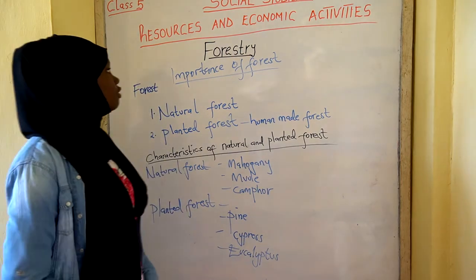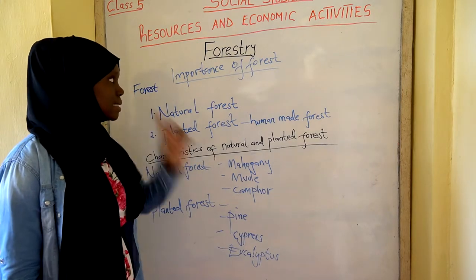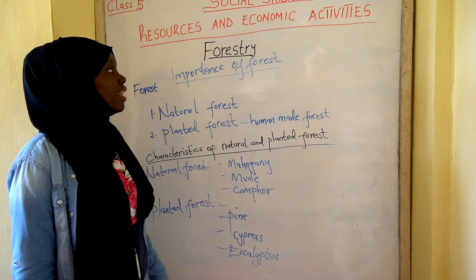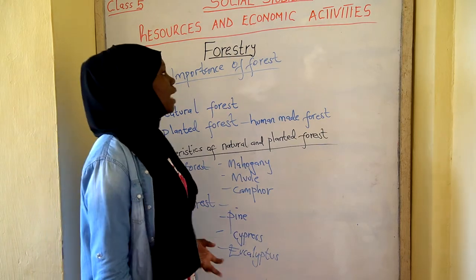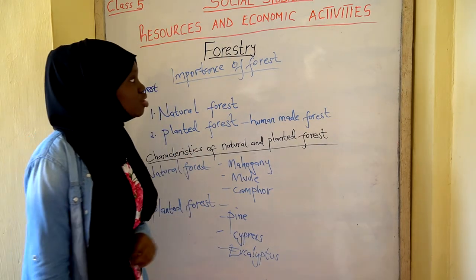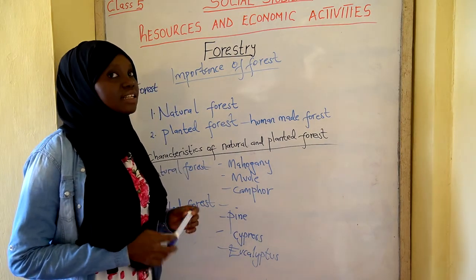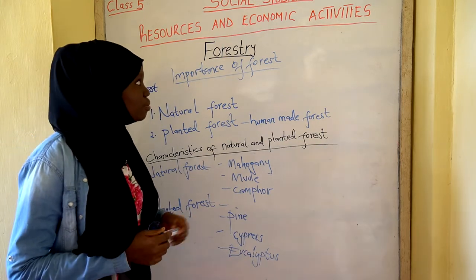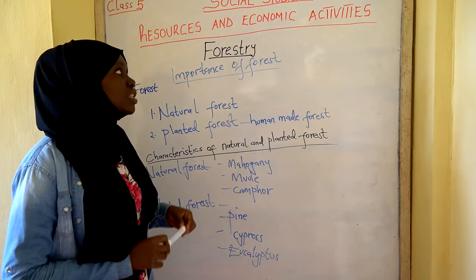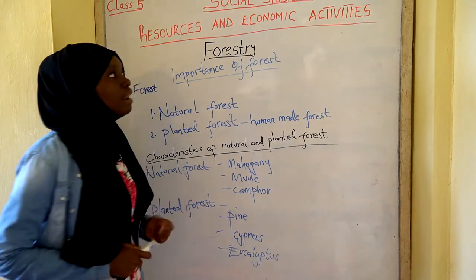Also, forests assist in rain formation. How do they assist in rain formation? The roots of the trees pull up water from the ground, and then the water is released through the leaves. The water released through the leaves into the atmosphere forms moisture, and the moisture later forms clouds which fall as rain.